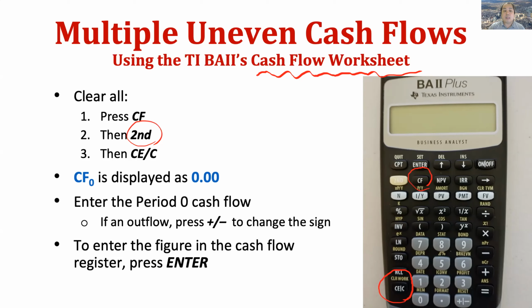Now we need to enter the cash flow in each year. So for example, ours are $7,000, zero cash flow 0. Then press 7,000 and press enter button.